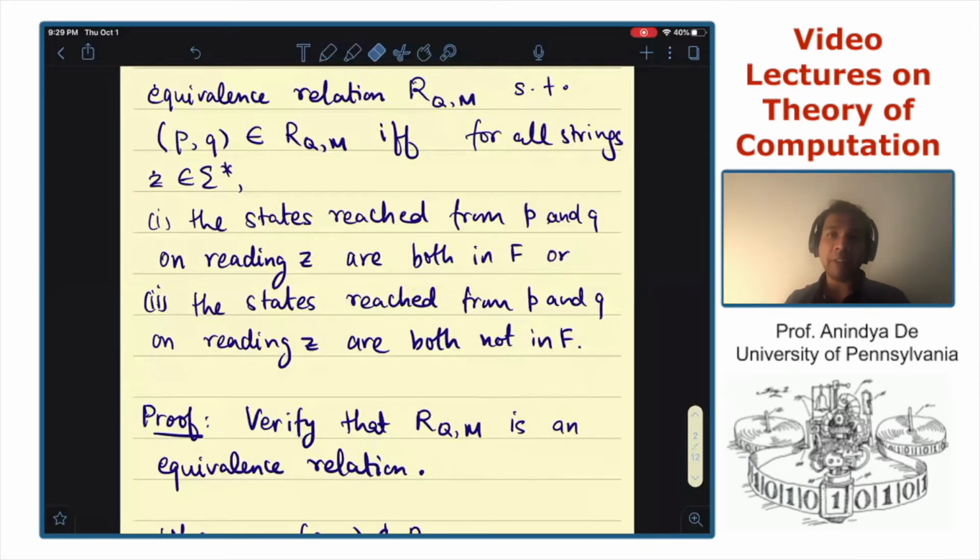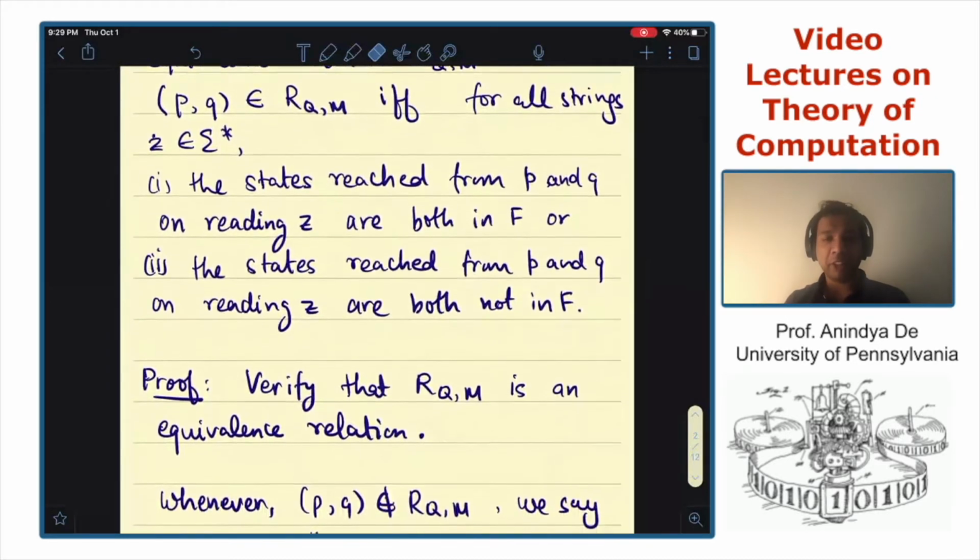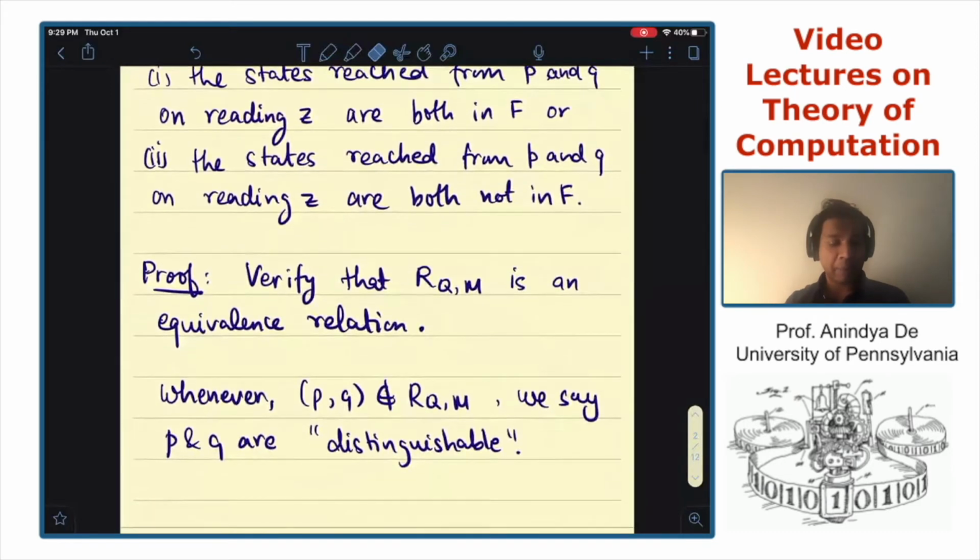Okay, so now that we have defined what the equivalence relation R_{Q,M} is, let me give another definition. Namely, whenever (p, q) is not in R_{Q,M} for two states p and q, we say p and q are distinguishable.